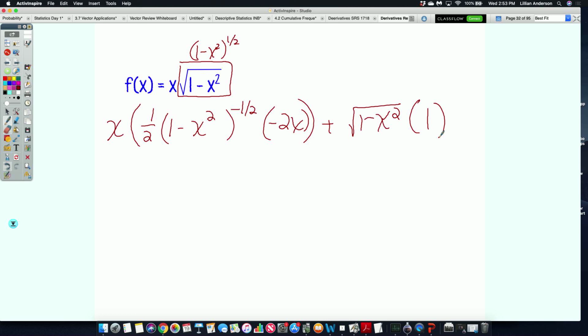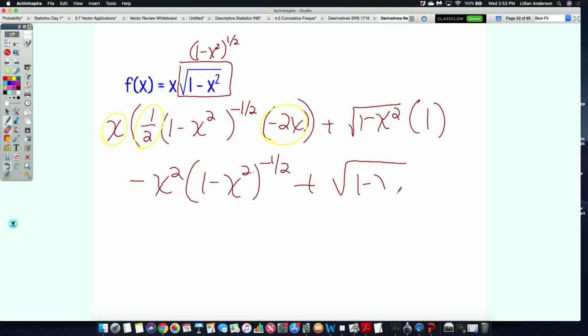When it comes to multiplying and simplifying, I'm multiplying x by 1/2 and by negative 2x, which turns into negative x squared. That gets multiplied by 1 minus x squared to the negative 1/2, plus the square root of 1 minus x squared.